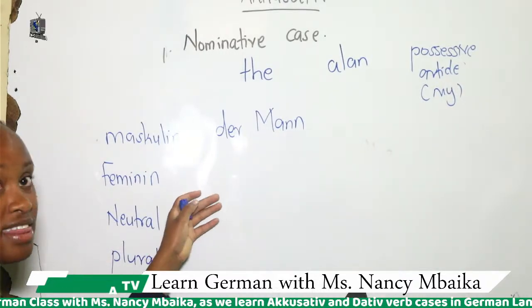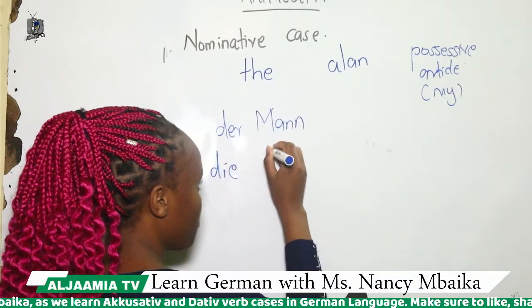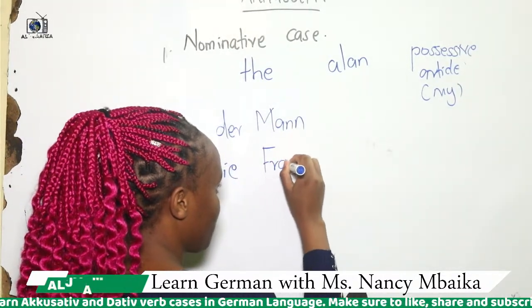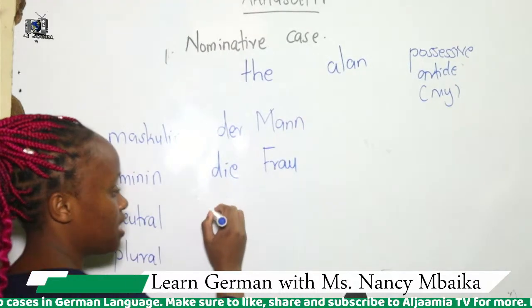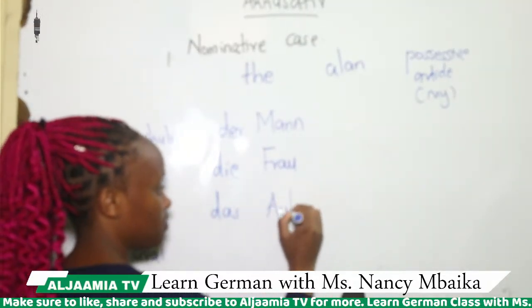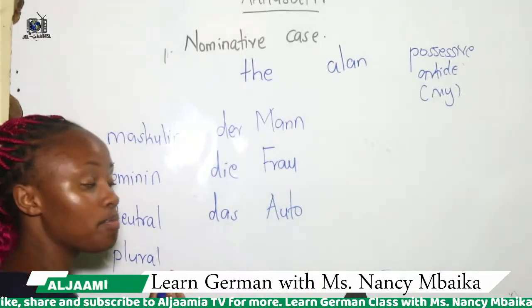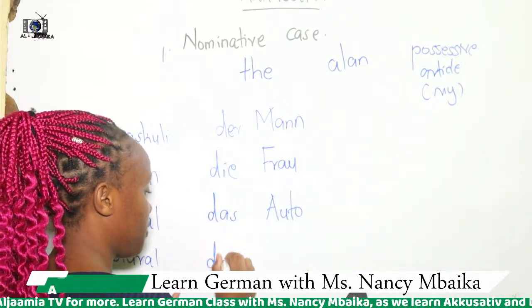If I want to say the woman, I'm going to say die Frau. If I want to say the car, I'm going to say das Auto. And finally, plural, I'm going to say the women, die Frauen.